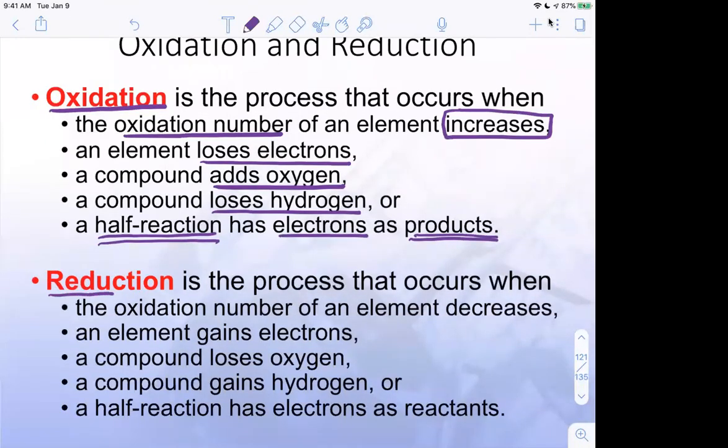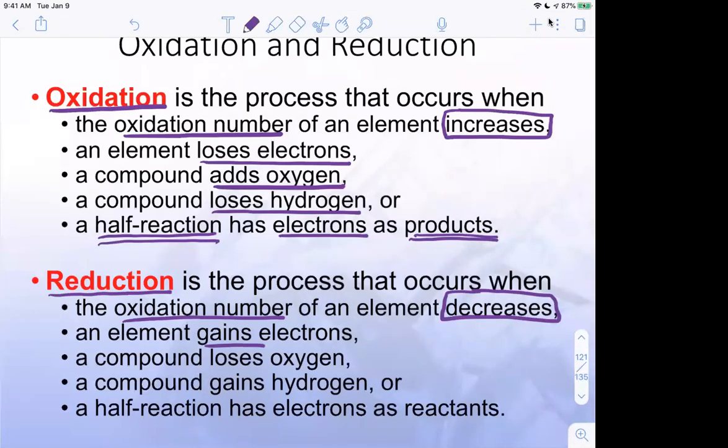Now, reduction is the process that occurs when the oxidation number is going to decrease. So that means I'm gaining electrons. If I become less positive, I become more negative, and that means I am gaining electrons.